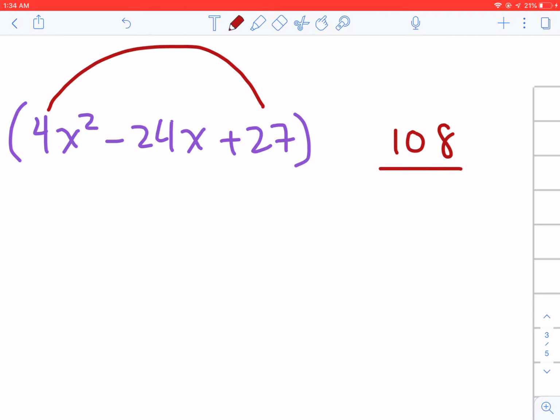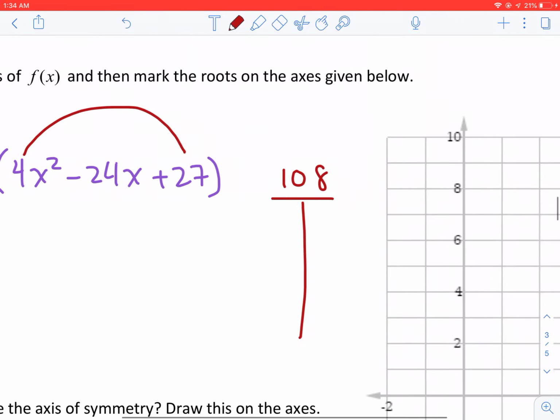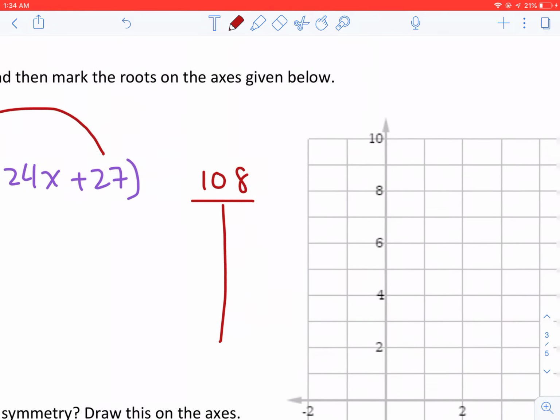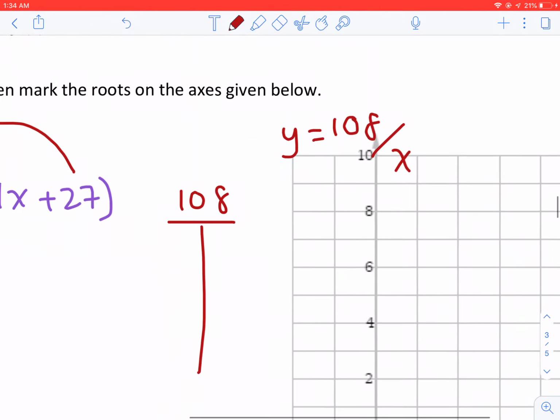That is a good question, because I have to think about it. But hopefully, using our calculator, we can figure out what that is. This is definitely one where you might want to use the trick of graphing y equals 108 divided by x and looking at the table.